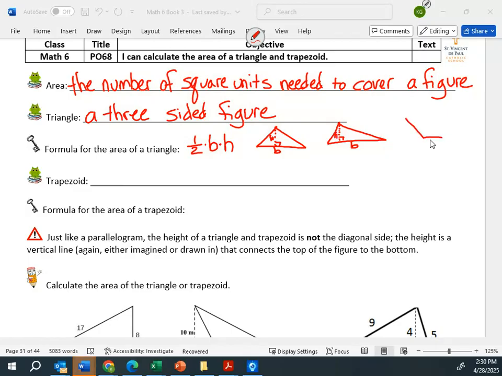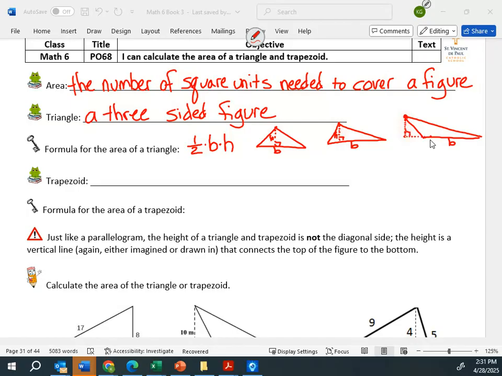Sometimes we have a triangle that looks like this. So our base is that bottom line, and then we have to go from the base directly up to this tip. And the tip is over here, so I need to come perpendicular directly down to where this base would come across.